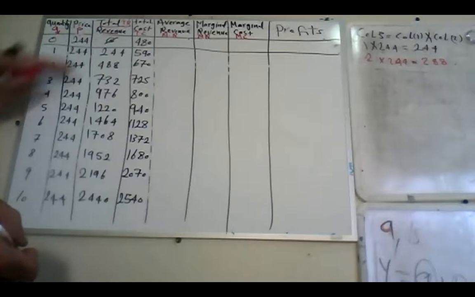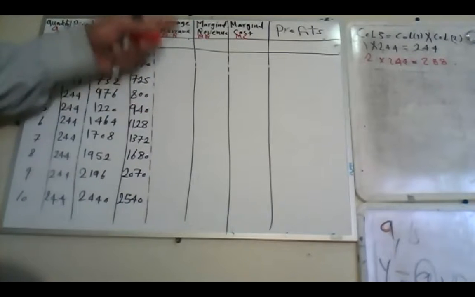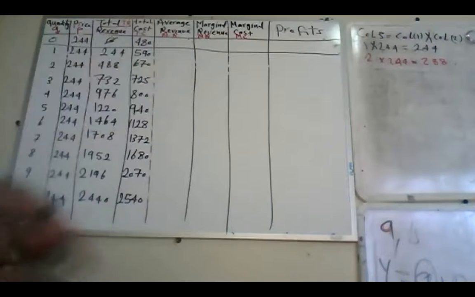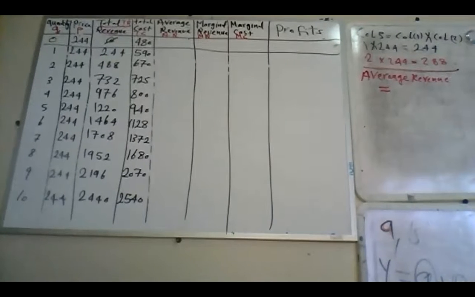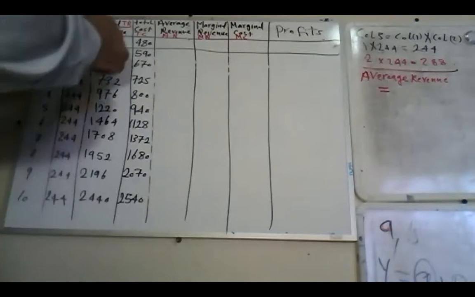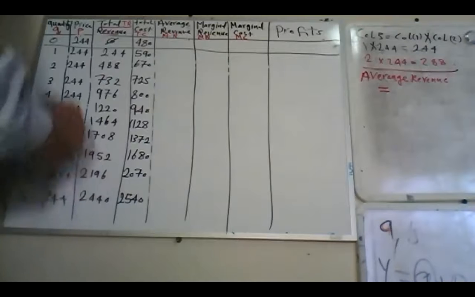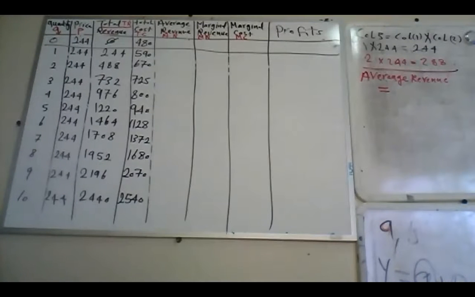Now we come to the average revenue, which is column number 5. How will I calculate the average revenue? Average revenue equals the total revenue divided by the quantity.